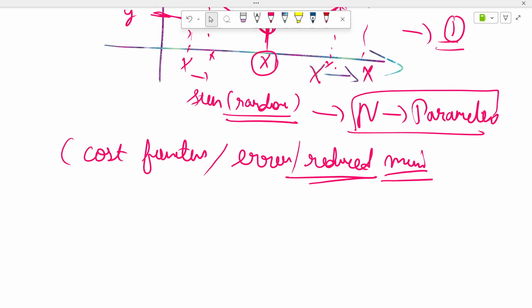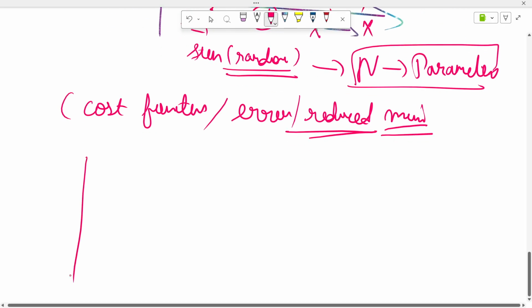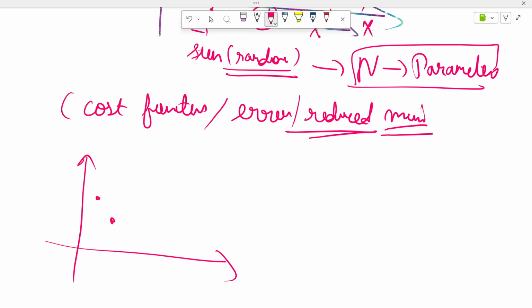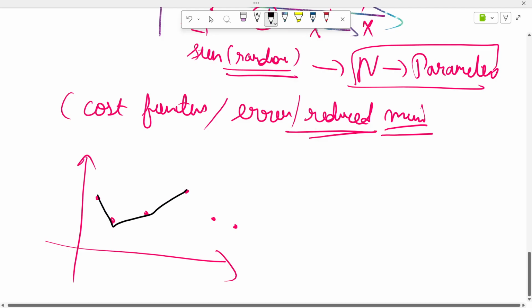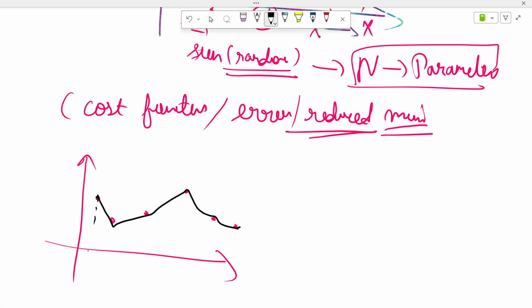There might be a possibility when you create a model that it completely fits the training data. Let's say this is the training data and you train the model, and your model comes out to be some mathematical equation such that when you give inputs x1, x3, x4, x5, x6, you come up with this output.